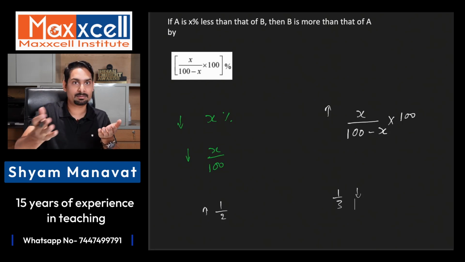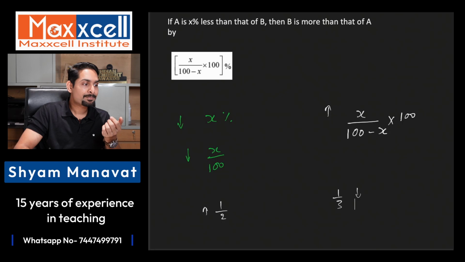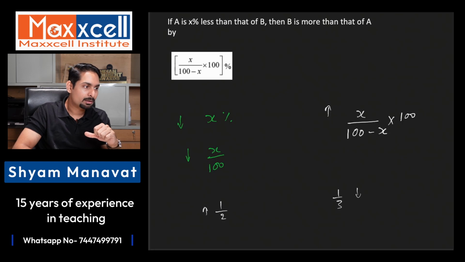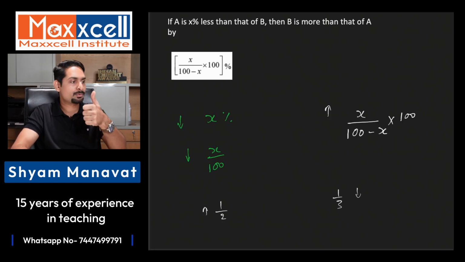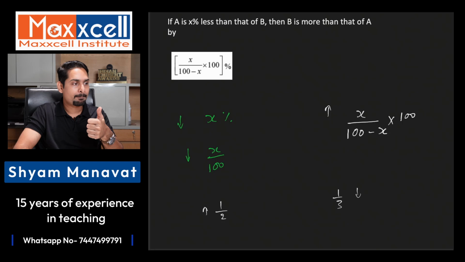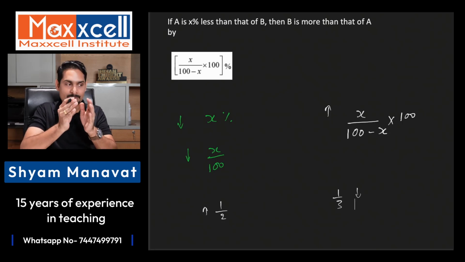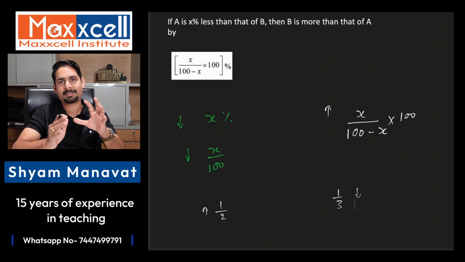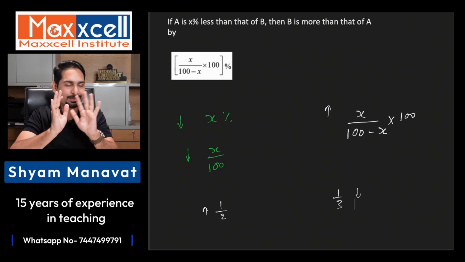So if the denominator is more, the value will be less. If the denominator is smaller, the value will be more. So if you want to find out more, make the denominator smaller. How will you make it smaller? By subtracting x. Why do we have to subtract x? I just told you, this is a trick, there is no derivation in it.